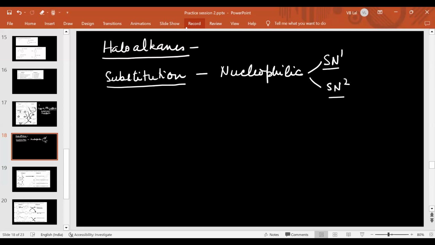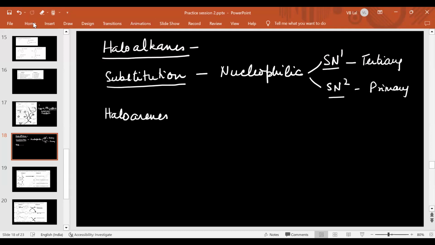Right? SN1, if your haloalkane is a tertiary alkyl halide. If it is tertiary, then SN1. If it is primary, then SN2. But haloalkanes will undergo substitution reaction, either SN1 or SN2. Then haloarenes. Haloarenes will undergo which type of reaction?